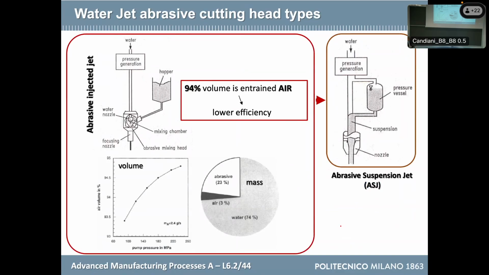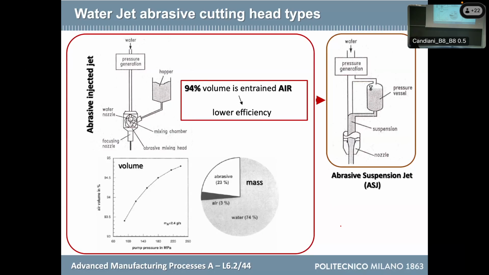And you know, when a jet is fast, it behaves like a solid material. So it is true that it rebounds a couple of times and it will stay at the boundary, at the periphery of the jet, and it will be accelerated. But typically, the abrasive is not in the middle where the water is faster.